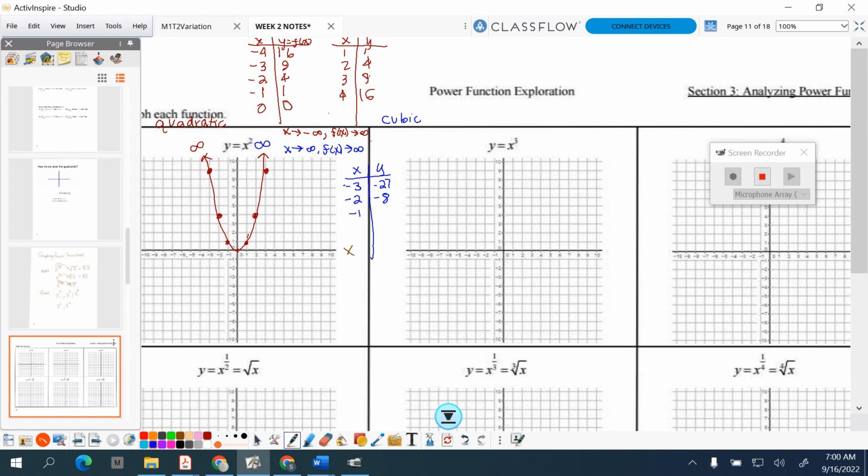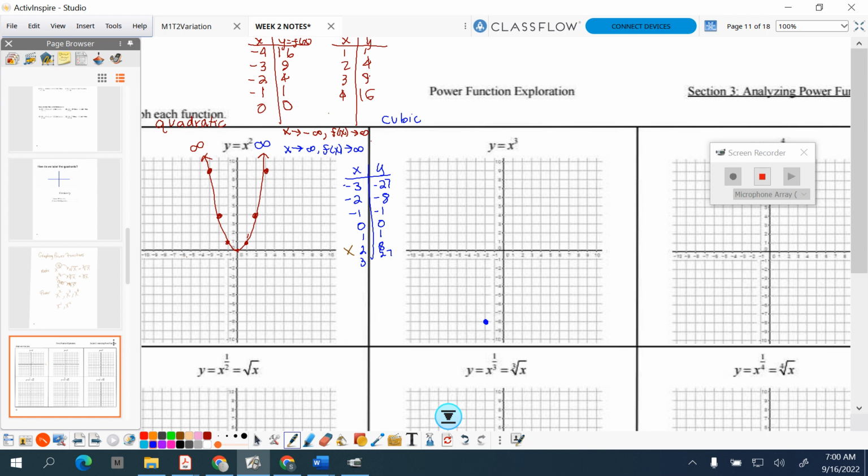So negative 1 cubed is negative 1. 0 cubed is 0. 1, 2, and 3 give 1, 8, and 27. So we can go ahead and graph that. So negative 3 and negative 27, that ordered pair we won't find on this graph, but negative 2 and negative 8, I go down 8, right?